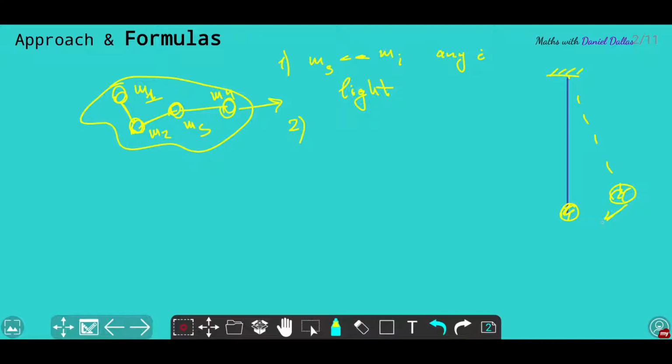From this you understand that the string it is suspended by can be considered inextensible. Otherwise, the length would be changing, and it would be a more complicated motion.